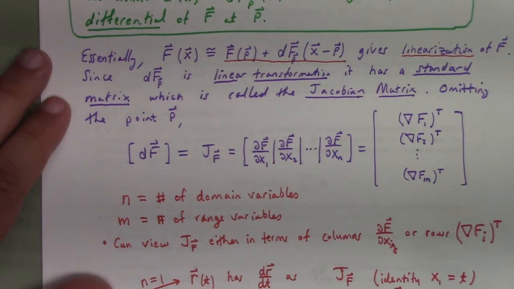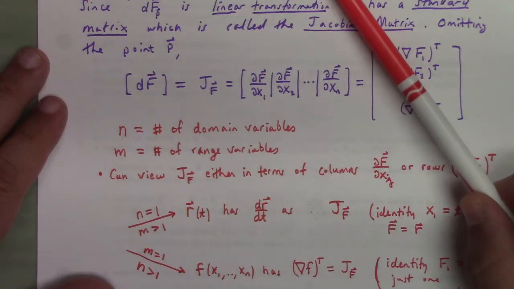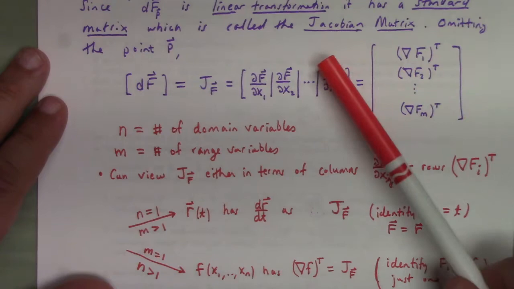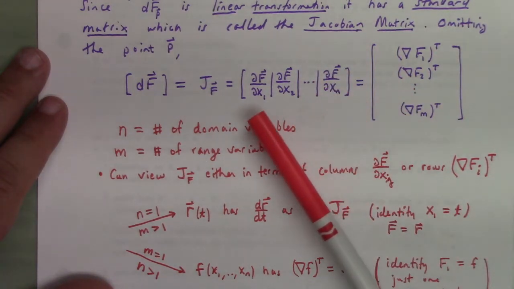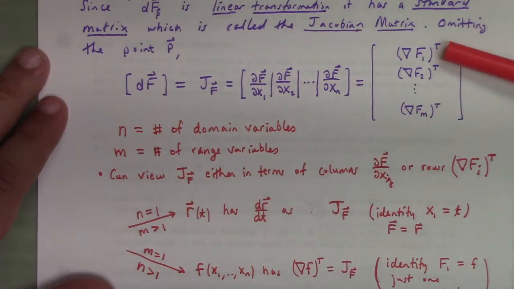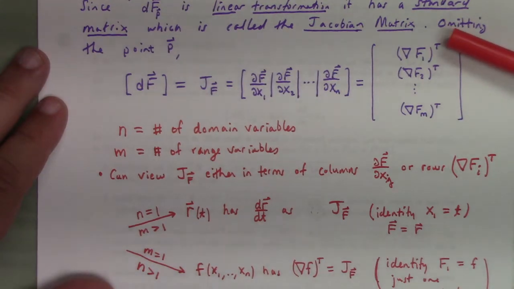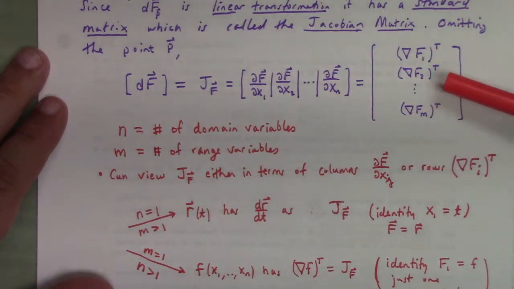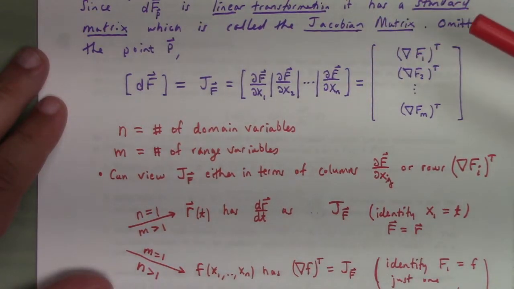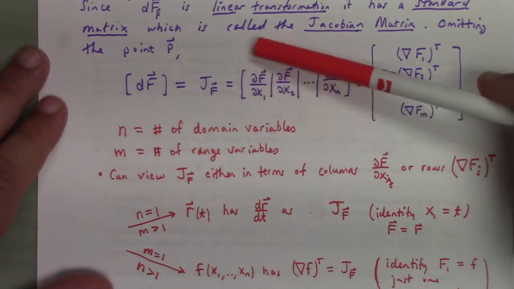But essentially the differential is a linear transformation, and because of that we can look at it as a matrix, its so-called standard matrix, which is called the Jacobian matrix, and you can either look at it as column vectors like so, or as row vectors like so. I would just point out that this isn't actually new. You've already been working with these in special cases. In the special case of paths, we just get one vector as the derivative.